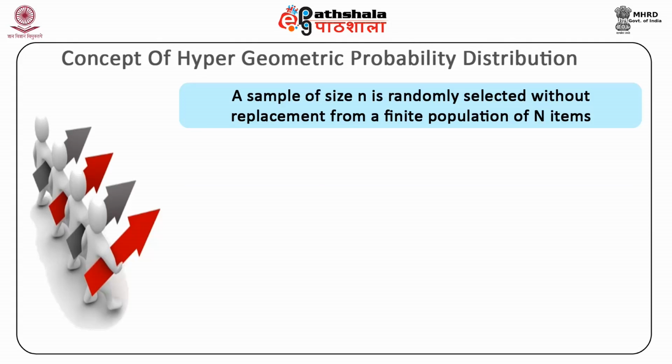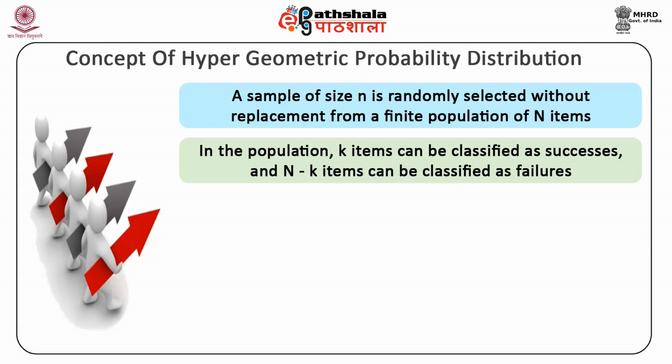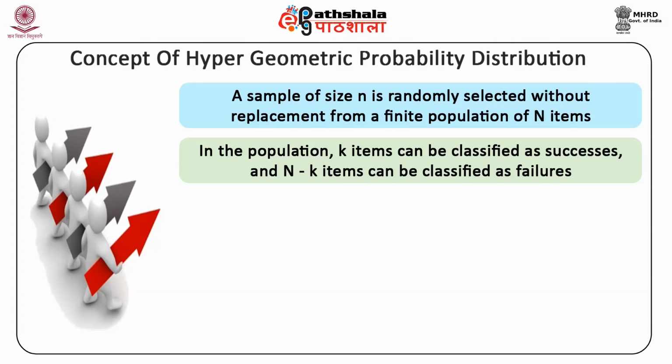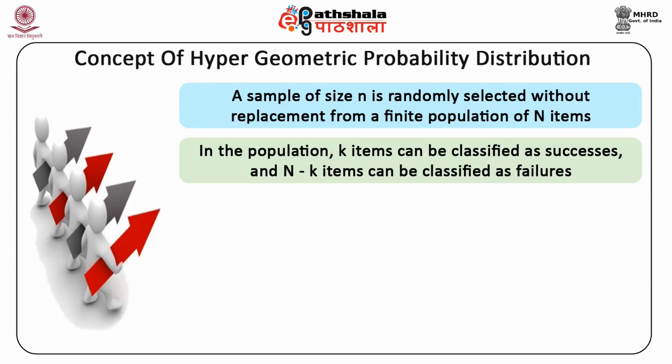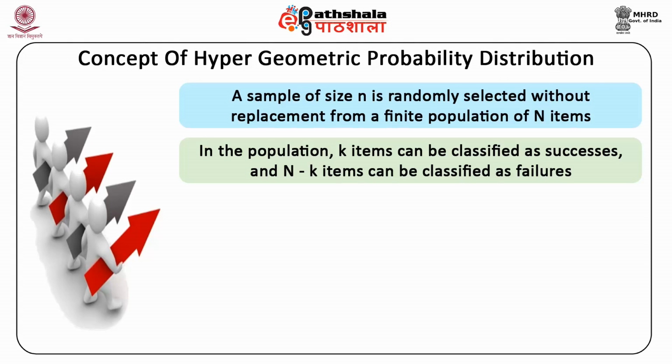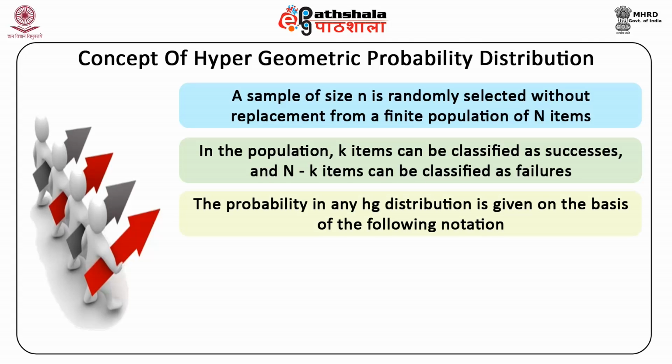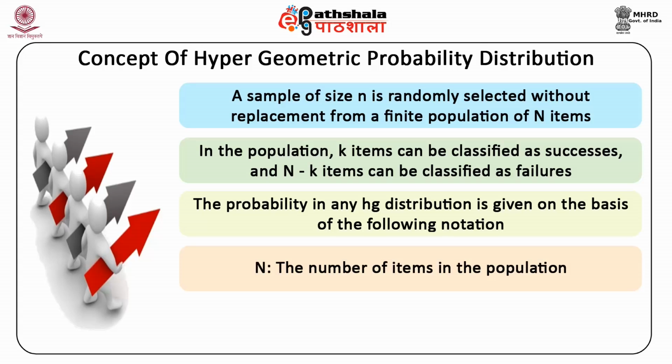In the population, k items can be classified as successes and N minus k items can be classified as failures. The probability in any hypergeometric distribution is given on the basis of the following notation. Capital N, the number of items in the population.